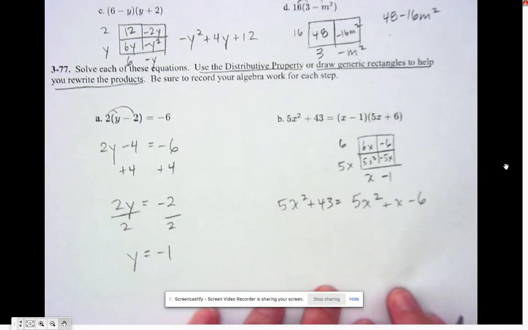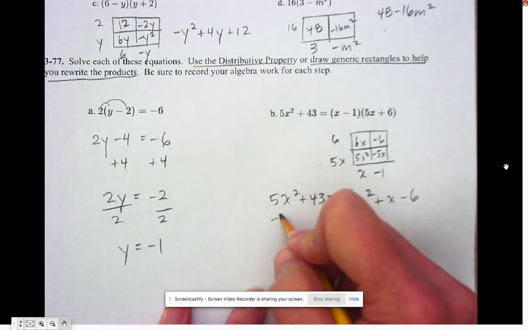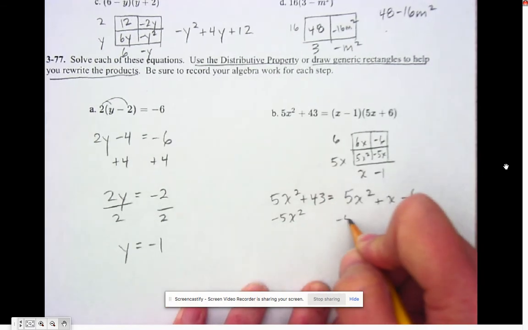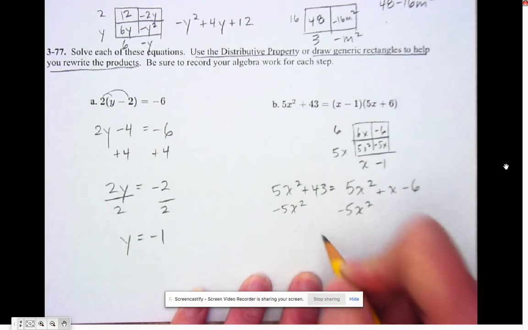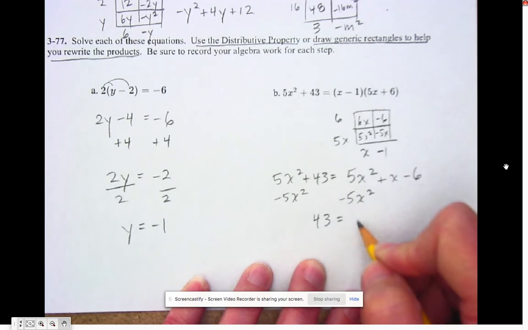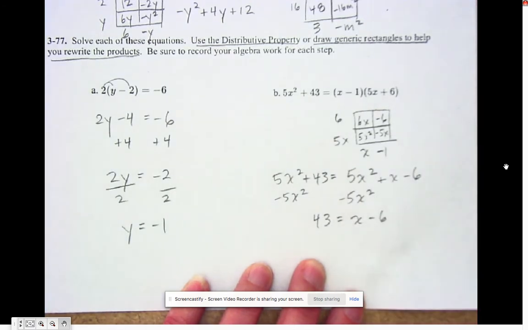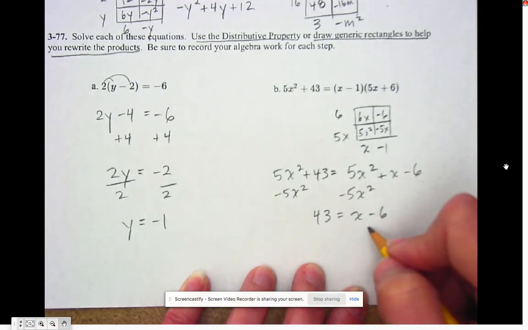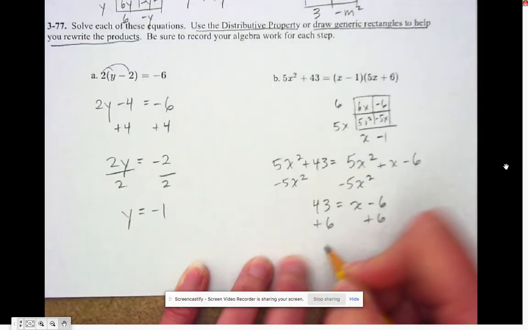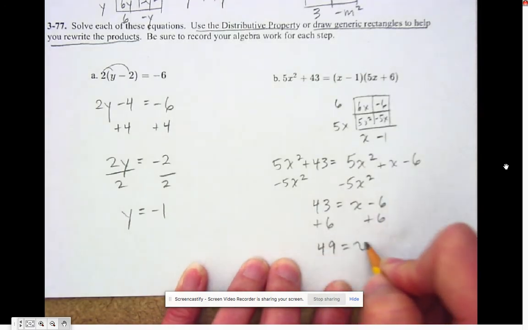Okay, I'm going to subtract 5x squared from both sides. So I got 43 is equal to x minus 6. Okay, I'm going to add 6 to both sides. So let's say 49 is equal to x.